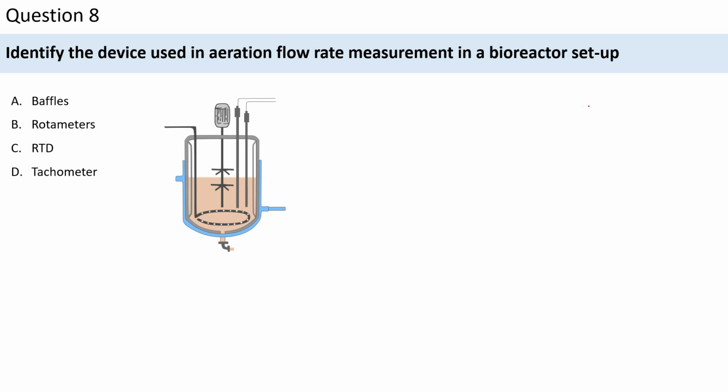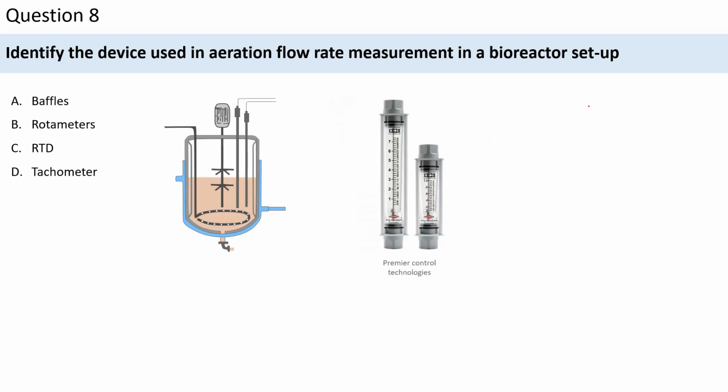So how will you measure the flow rate? You have to keep on increasing it, right? If it crosses a certain value, that is not good for the cells. It will create so much pressure inside the fermentation broth, and the pressure will start increasing. So we have to clearly know what flow rate is being maintained in the bioreactor setup.